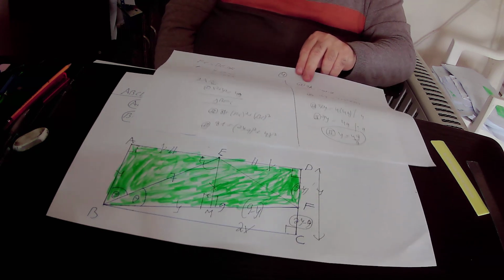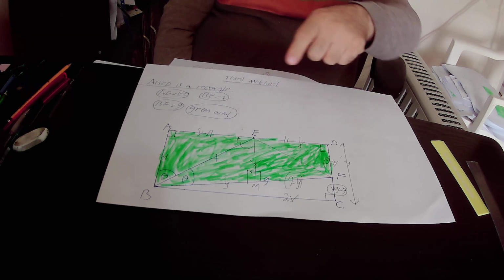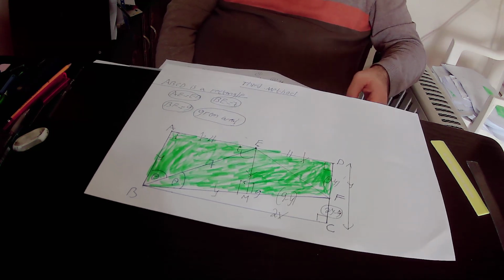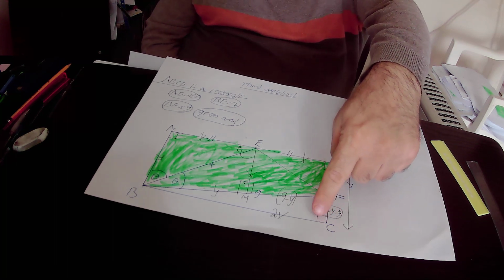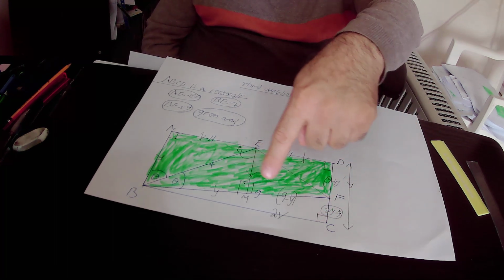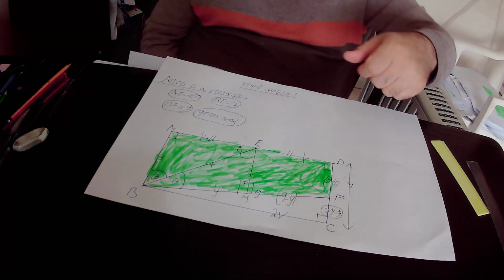In the right triangle ABE, x squared plus y squared equals 49, and in the right triangle BFC, the square of the hypotenuse gives 81 equals FC squared plus BC squared.